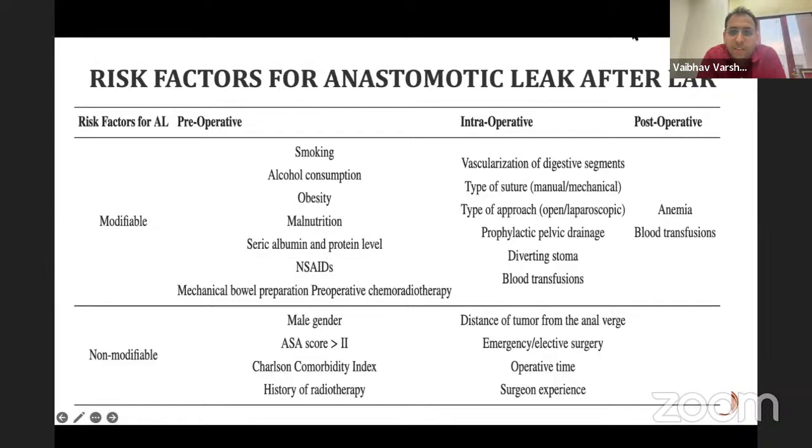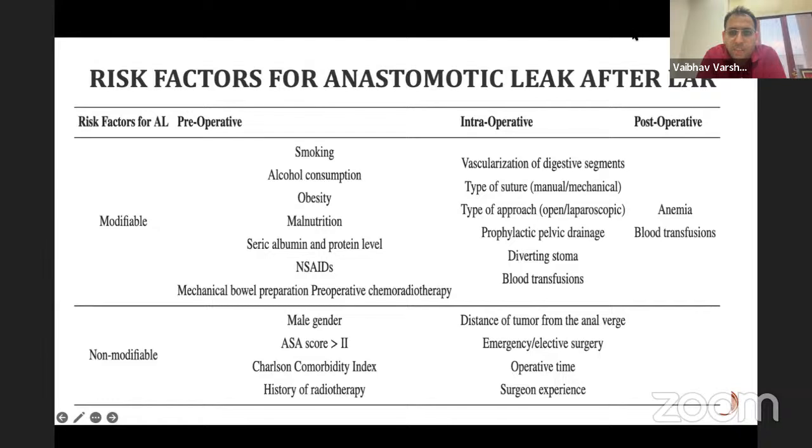Then the vascularization of the digestive segment. As I mentioned, indocyanine green can be used to see whether the bowel segment is well vascularized before contemplating the anastomosis. Second is the type of anastomosis, whether hand-sewn or stapled. Mostly a circular stapler is utilized, and in the literature the diameter of the circular stapler has no bearing on anastomotic leak; it is gradual compression and proper firing that is important.